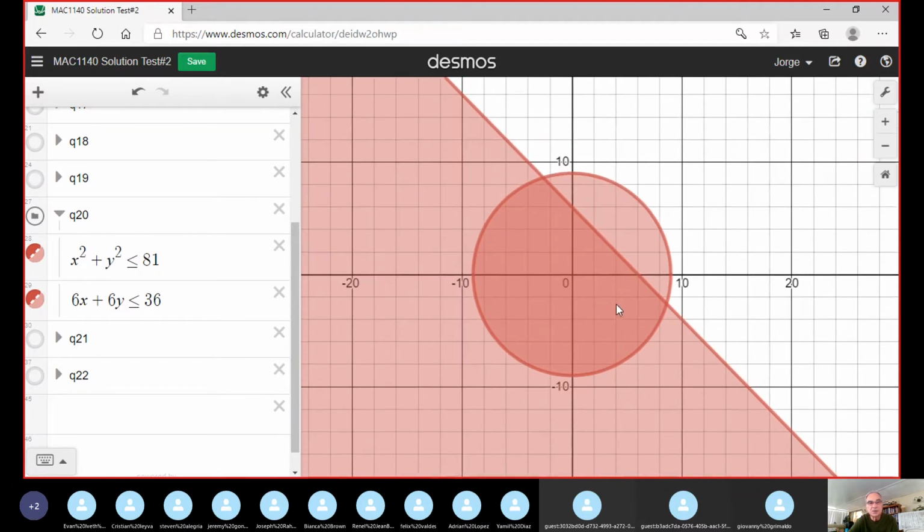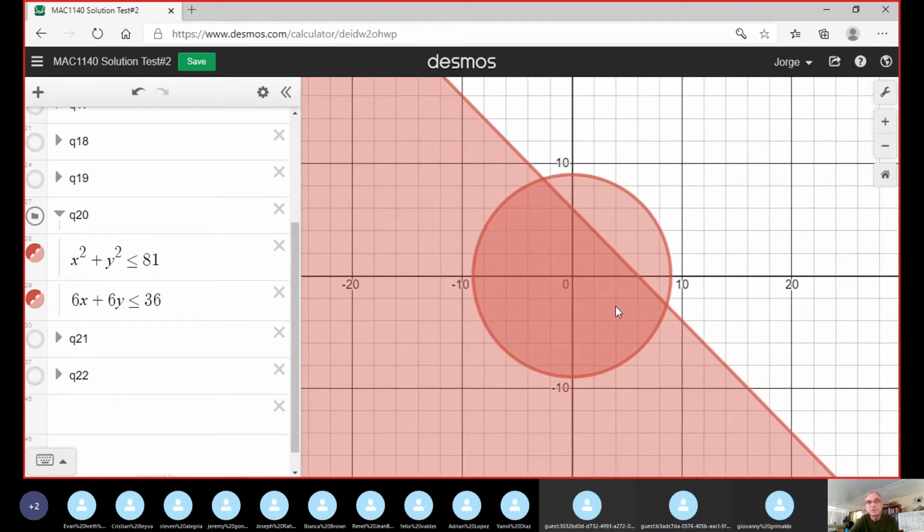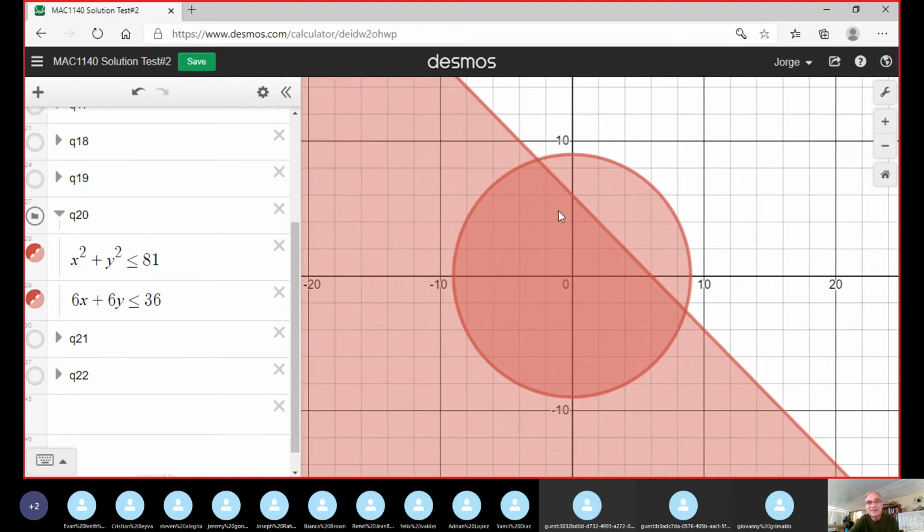Very, very similar, but in this case, the circle has radius 9, center 0,0, and the y-intercept and x-intercept of this line are 0,6 and 6,0. 45 degrees, but going down, because the slope is negative. Any question? No, sir. Okay.